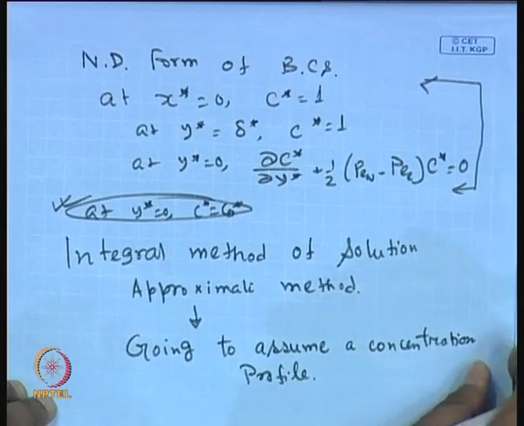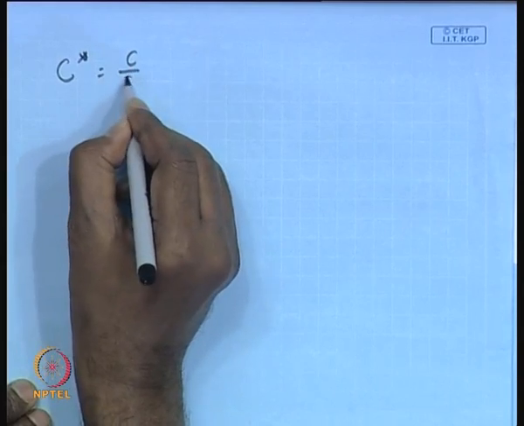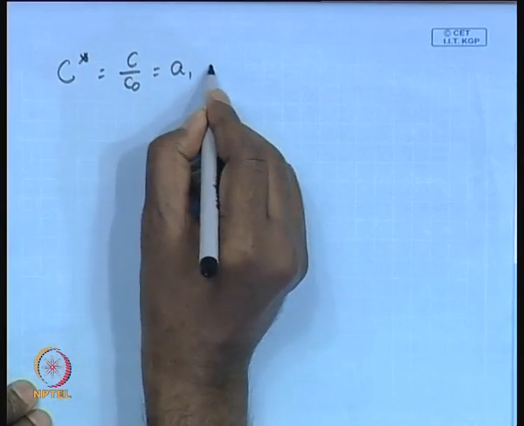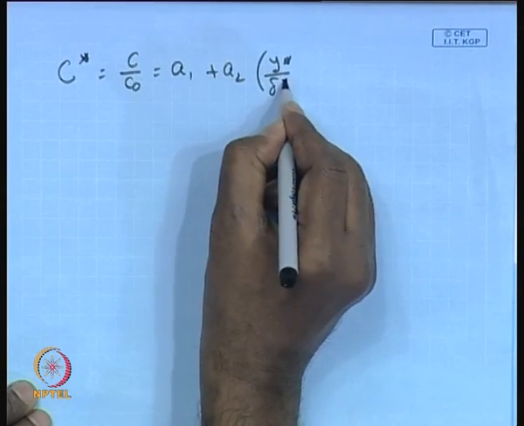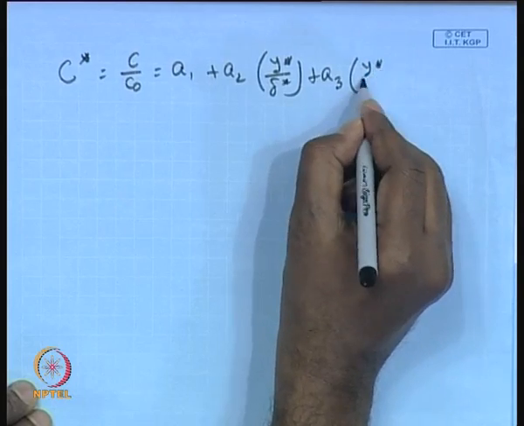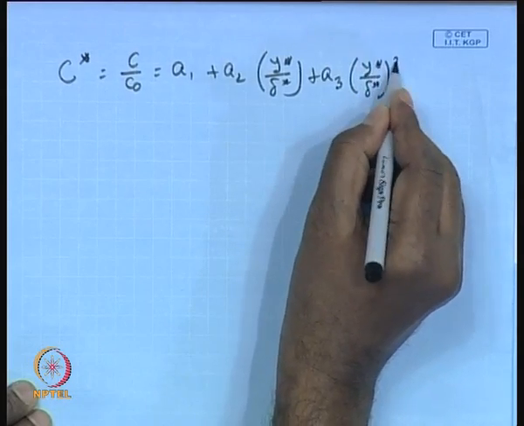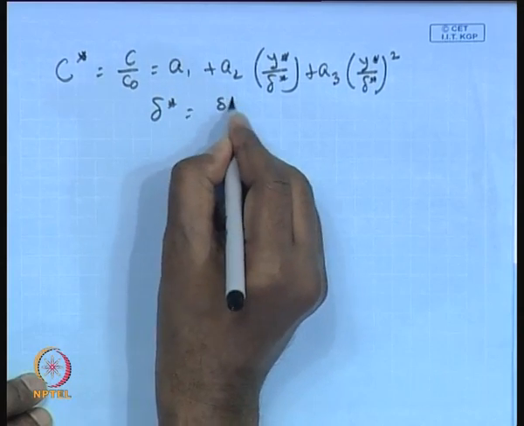Okay. Now, the concentration profile that we are going to select or assume is C by C naught is equal to A1 plus A2 y star by delta star plus A3 (y star by delta star) square, where delta star is nothing but delta by r.